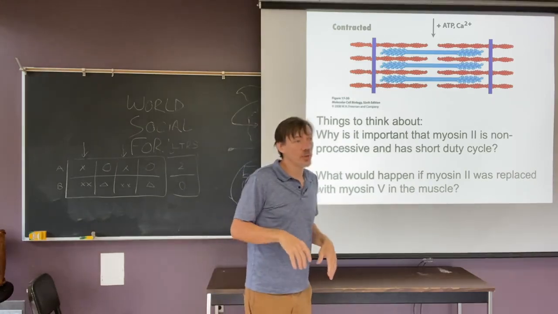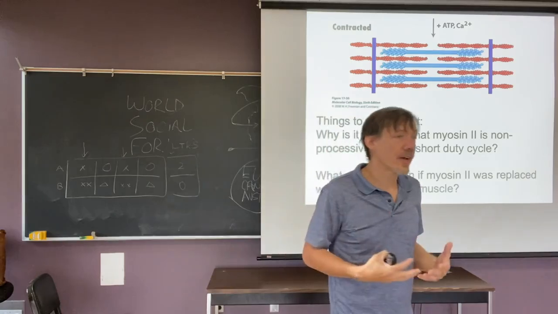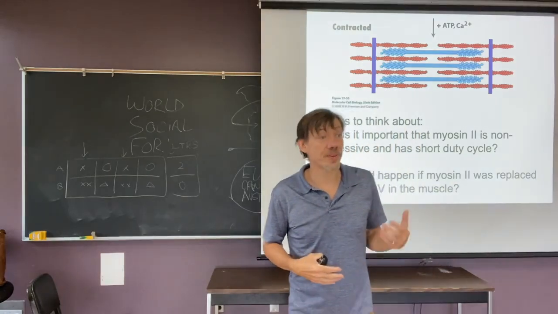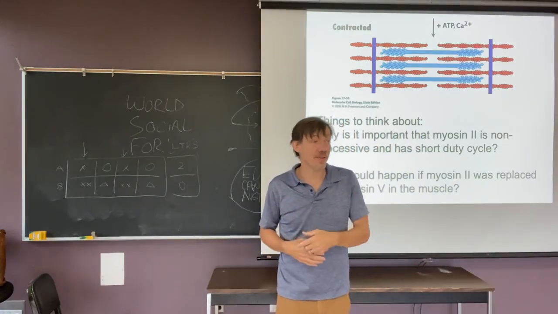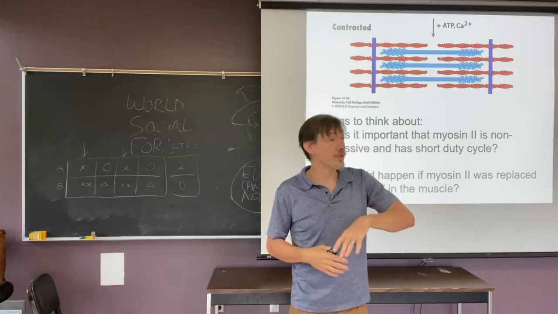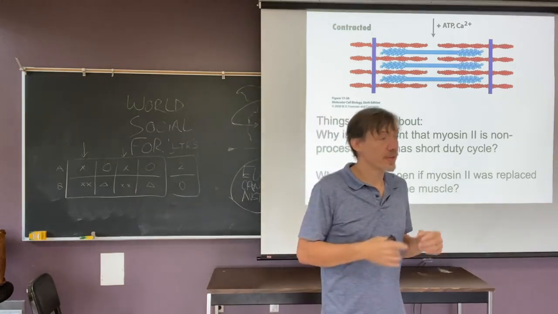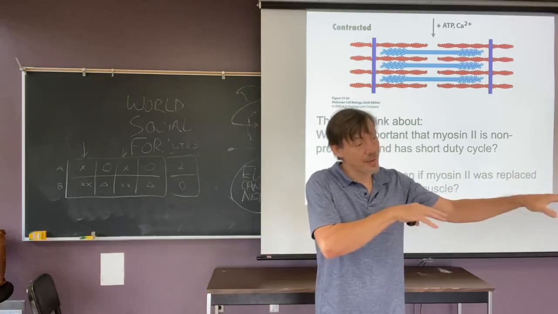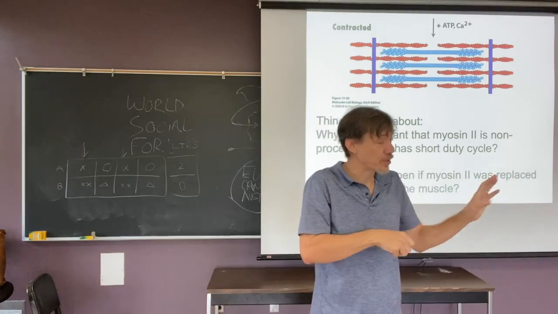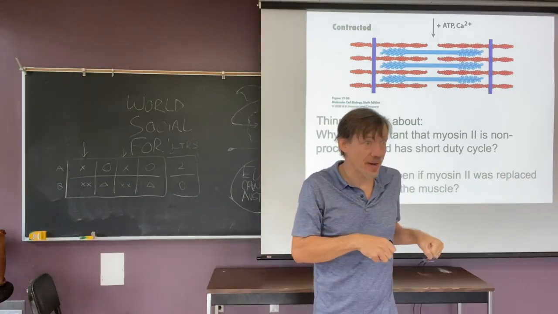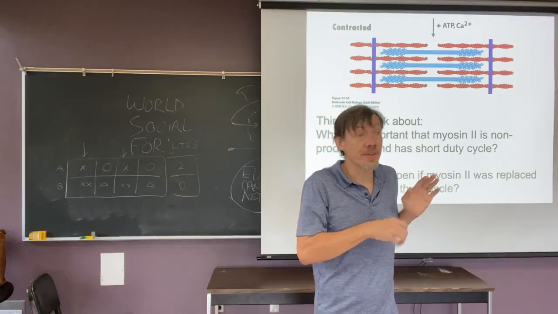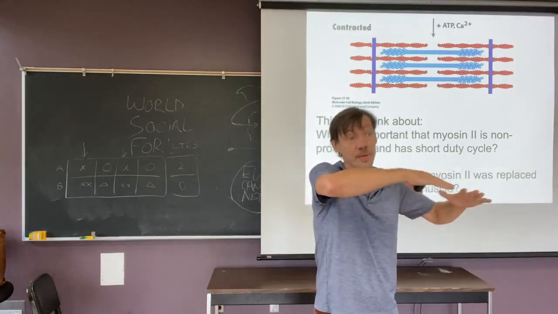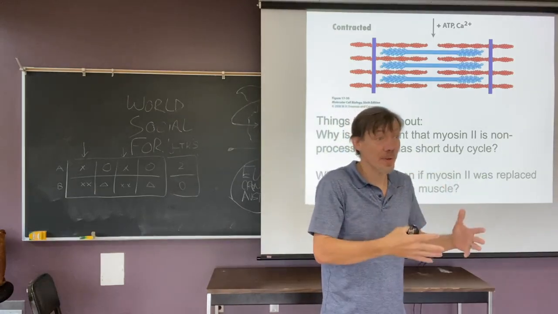As a little bit of a reminder, in the last lecture, we talked about the biophysics of myosin 2 and myosin 5. One of the major differences between these motors is that myosin 2 takes really short steps and it can't maintain force. It takes a short step, it pulls an actin filament, and then it releases it, and then the actin filament can either slide back or do something else.